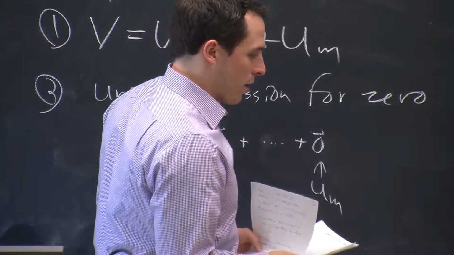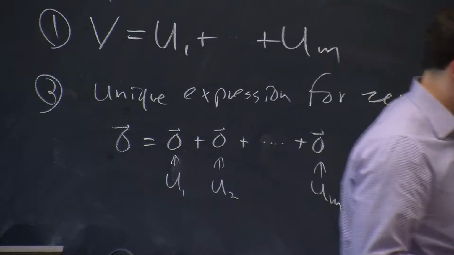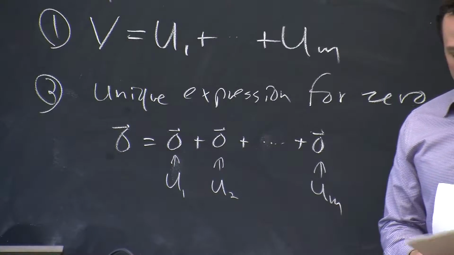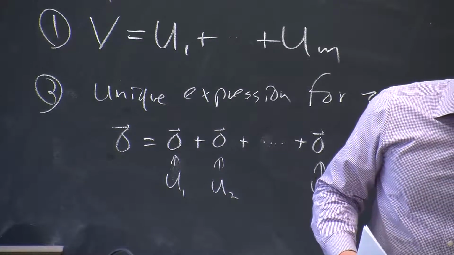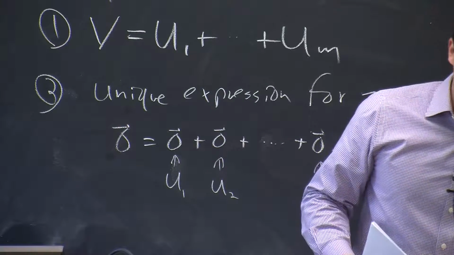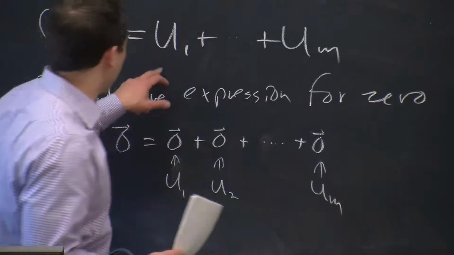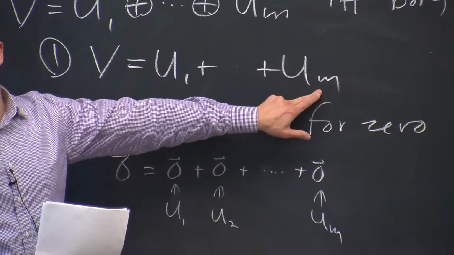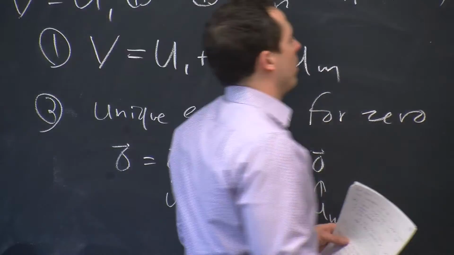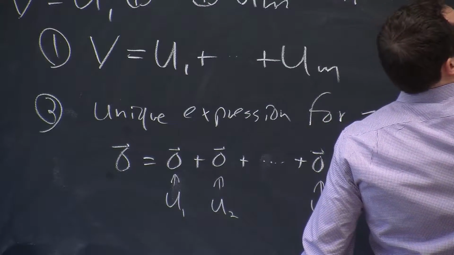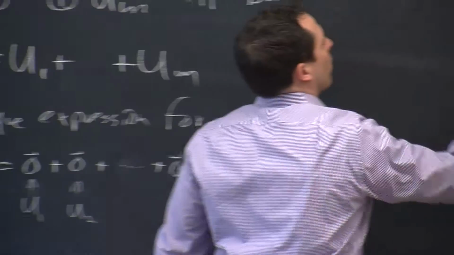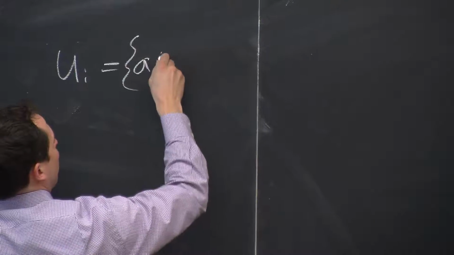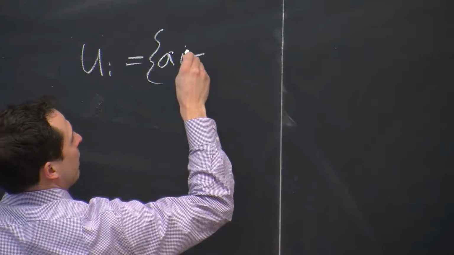And so what we want to do today with the ideas of linear span, linear combinations, and linear independence is take that idea and specialize it to the case that each of these subspaces is just a one-dimensional space that is the span of a single vector. So each Ui is going to be the set of all scalar multiples of some single vector, Vi.